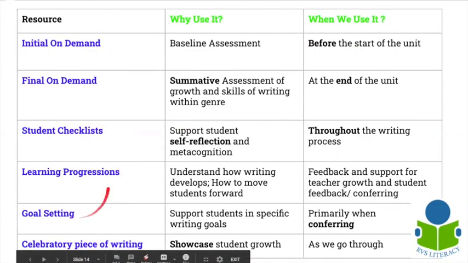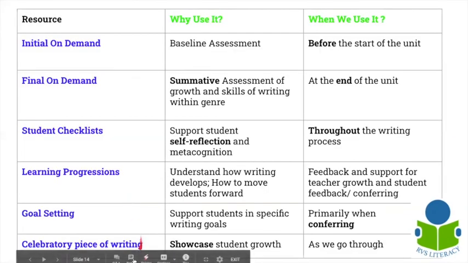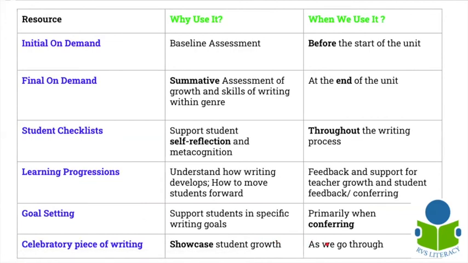These are going to be very tightly connected. And then we talked again about that celebration piece that the students are going to write and really work on, and why we do it and what we're going to use with it. So this is a really good snapshot of what we talked about incredibly quickly today.